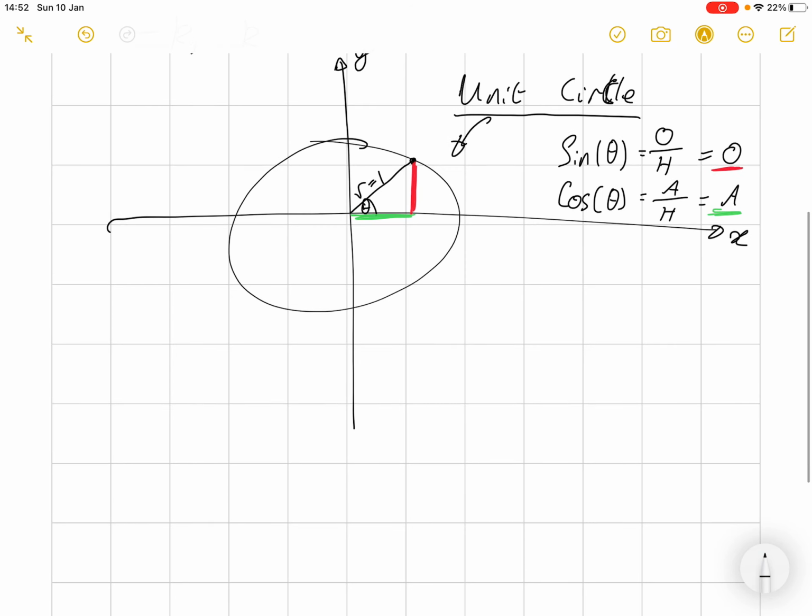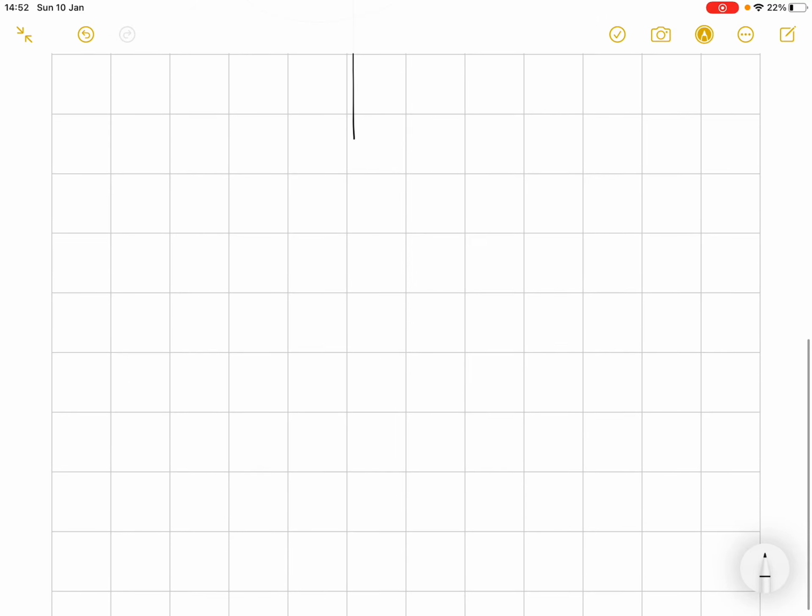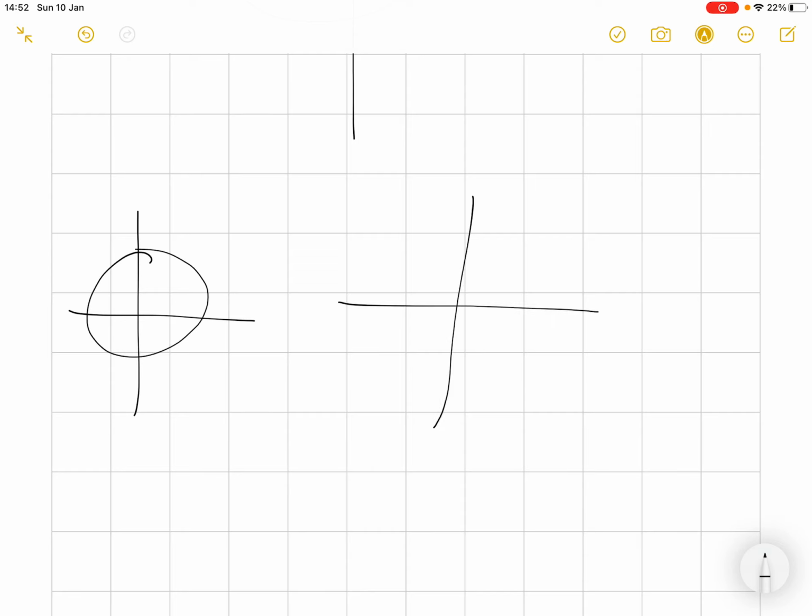So now let's think, what will happen to the red line and the green line as we change theta? I'm going to draw some circles, some smaller circles than that.